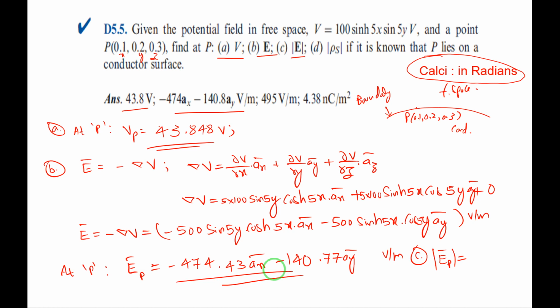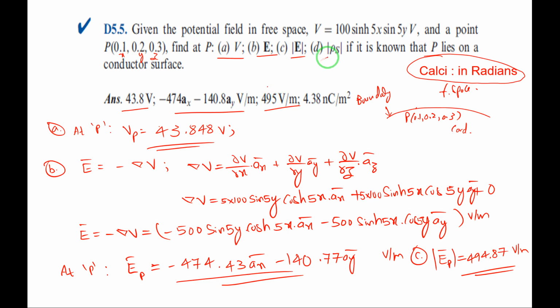So I am getting it as 494.87 volt per meter. You can check part C. 494.87 rounded is 495.